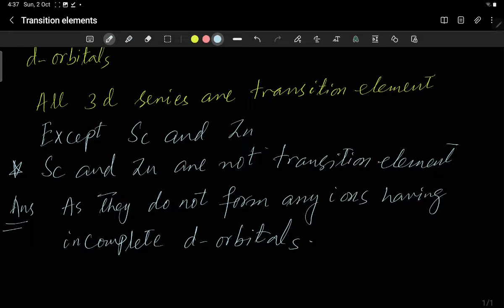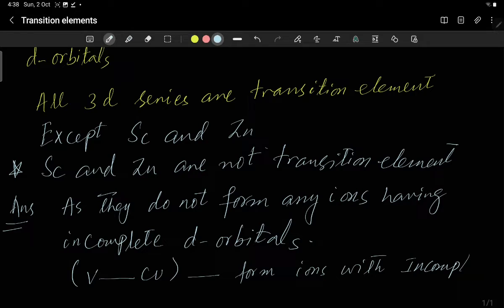So the rest of the elements, from vanadium to copper, they all form ions with incomplete d orbitals.